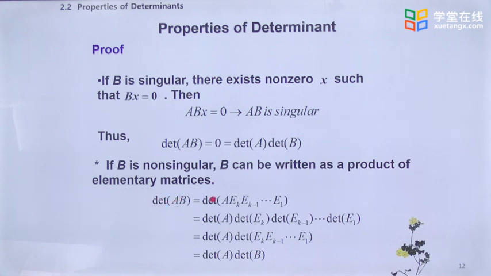So determinant of AB can be written as determinant of A times a series of elementary matrices, A times EK times EK minus 1 till E1. And because here are all elementary matrices, for elementary matrices, we know already the determinant of A times E equals the determinant of A times the determinant of E. So it equals determinant of A times the determinant of EK, EK minus 1 till E1.